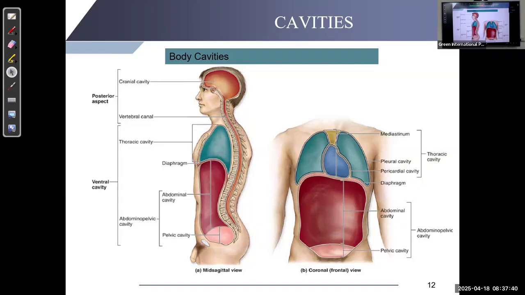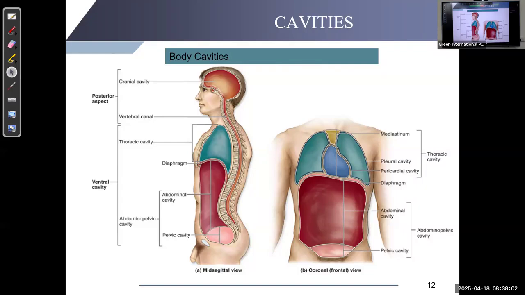Yes, the space between the pleura, related to the lung. Then we have mediastinum. Can you see? What is mediastinum? It is the area between two lungs. Between the two lungs is the mediastinum.